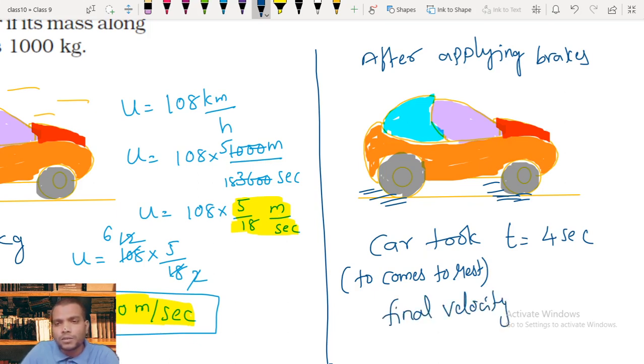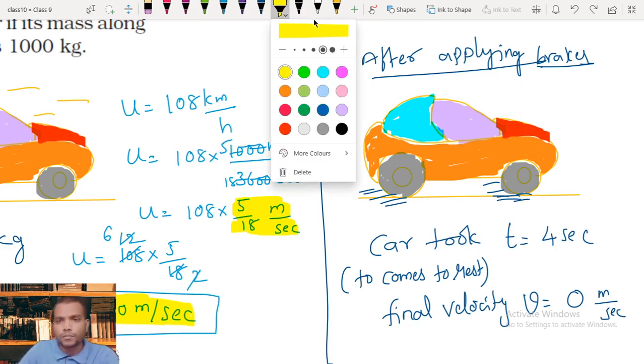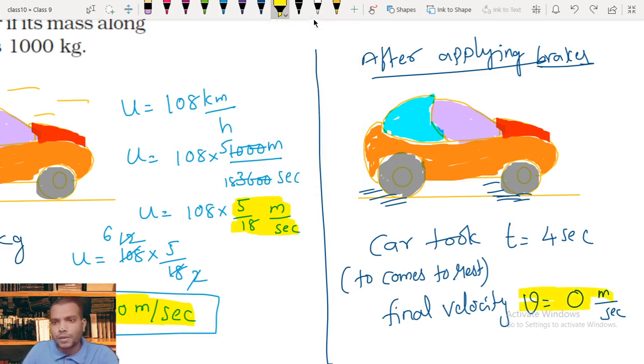Final velocity v when it is at rest equals 0 meter per second.